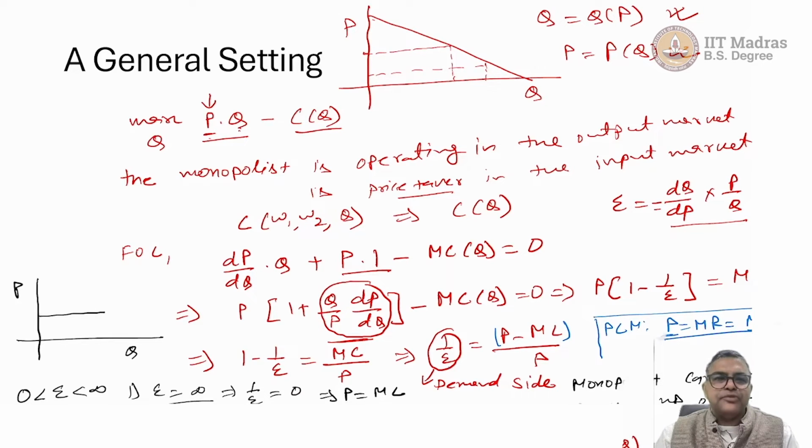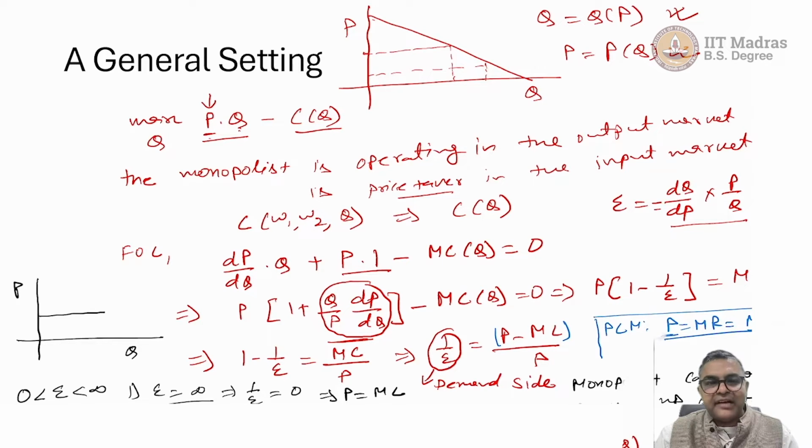And this markup is typically in our day-to-day thinking also. We expect that a certain amount of markup is justified. Of course, in economics, it depends on price elasticity of demand, but in our mind, we also have a number. We say a too high markup is never a good idea. But it all depends on how much the price elasticity of demand is, or how much is the inverse of price elasticity of demand.